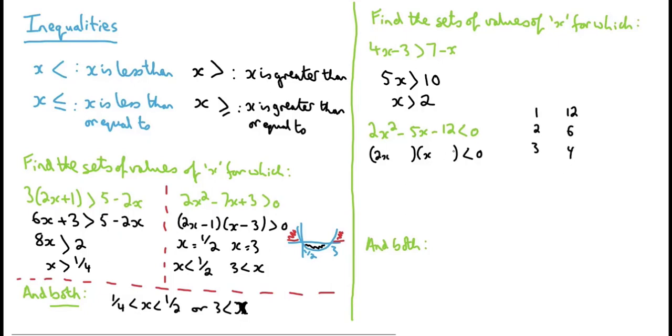But then remember, whichever one goes on the right-hand side is going to end up being doubled. So it's either going to be 1 and 24, or 12 and 2, 2 and 12, or 6 and 4, 3 and 8, or 4 and 6.